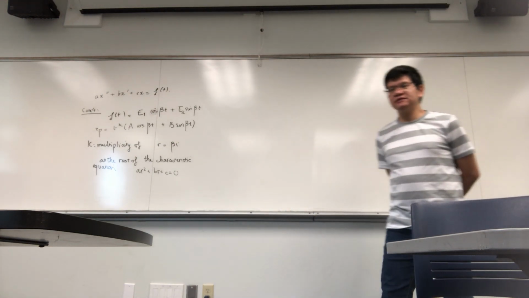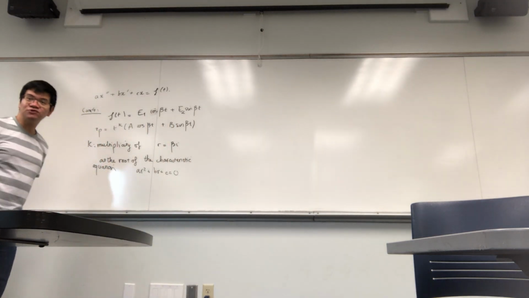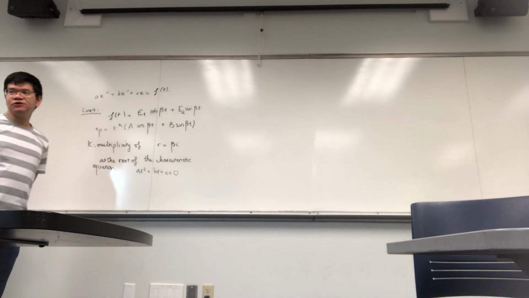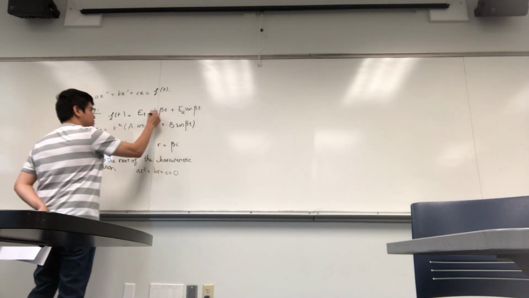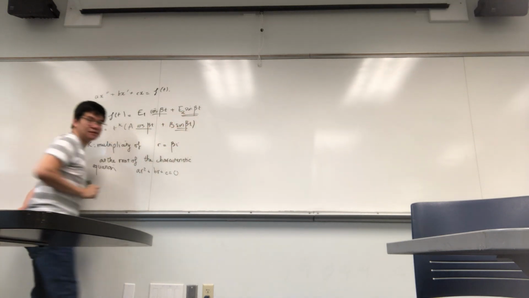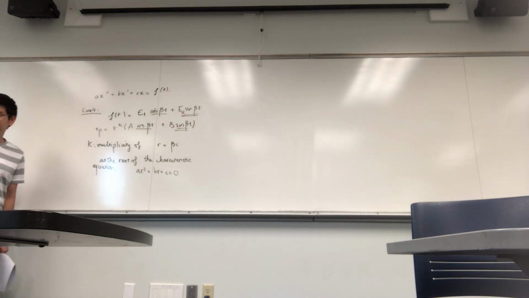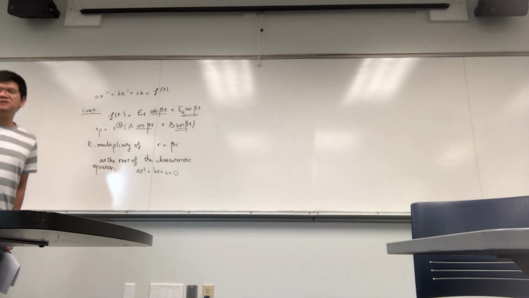In this case, the force is of sine and cosine form, so you choose the same form for the particular solution: cosine beta t and sine beta t. It's exactly the same, except that you have to take into account the multiplicity k.